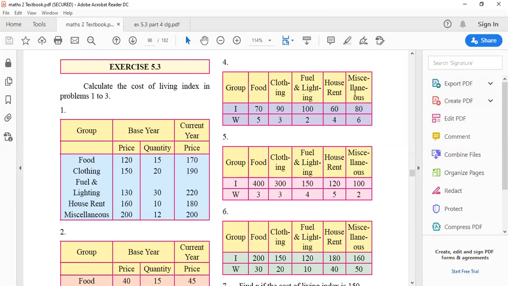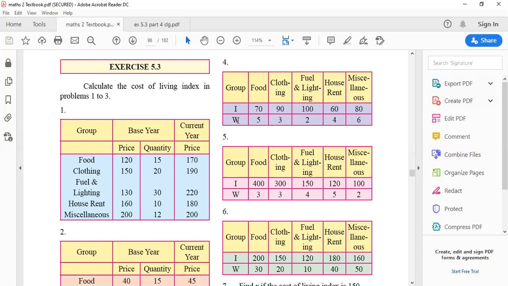Coming to the right side, question number 4. Again, the group headings are the same. See the columns which they have given. Can you see the alphabets I and W? This is the difference between sum number 1 and sum number 4. So in sum number 4, you will not use the aggregative price index number, but the family budget method.